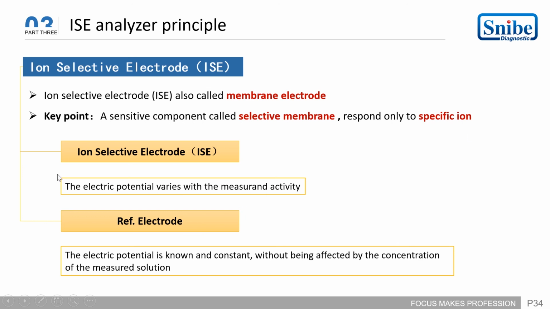Ion selective electrode: the electric potential varies with the measurand activity. Reference electrode: the electric potential is known and constant without being affected by the concentration of the measured solution.